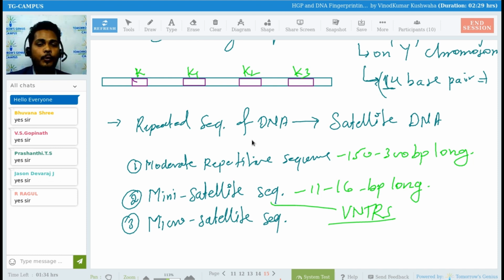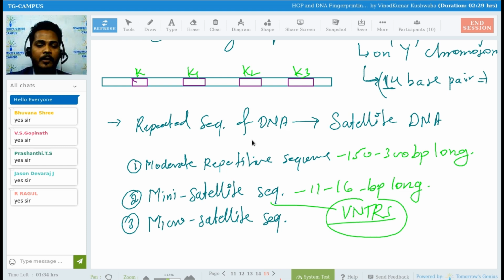These VNTRs are basically used in DNA fingerprinting. We will focus on DNA fingerprinting in the next concept, so you have to keep in mind what a VNTR is. This is a part of the mini satellite sequence.